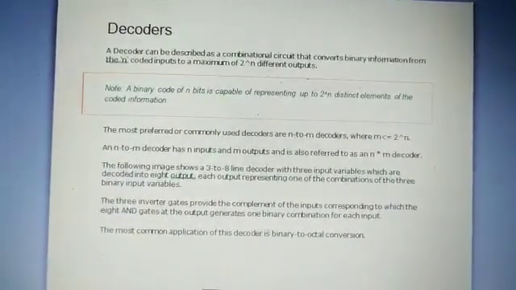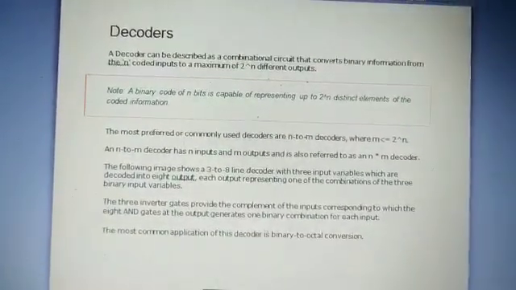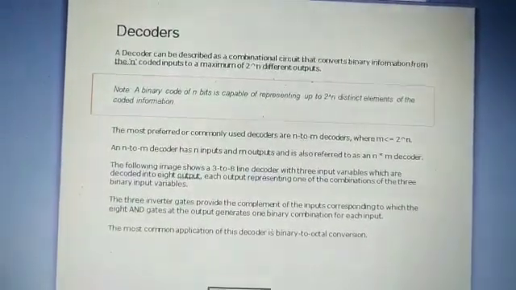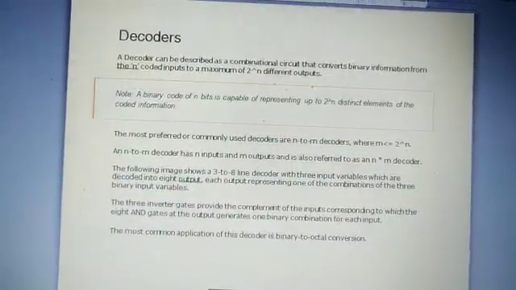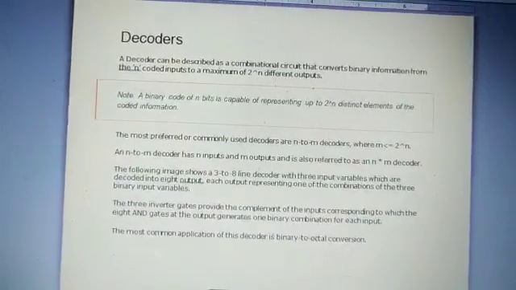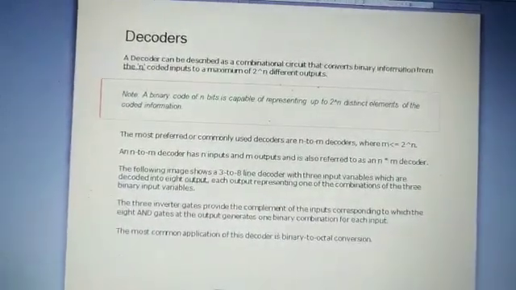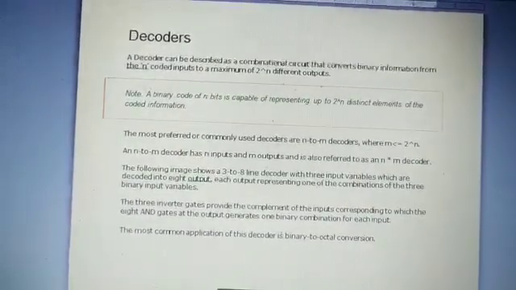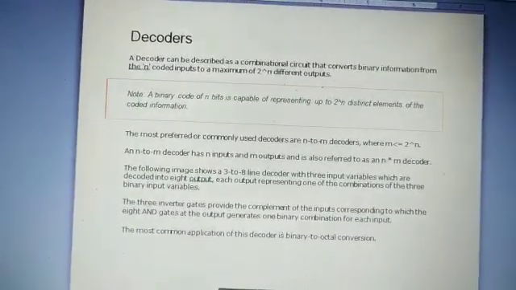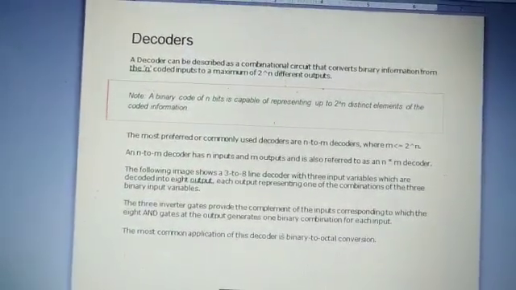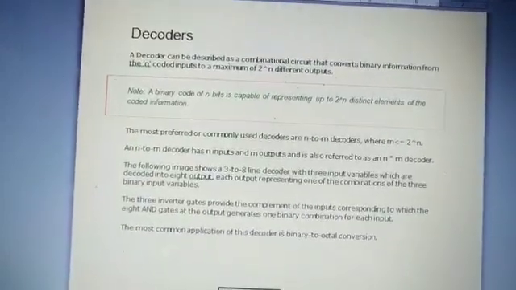So what is a decoder? A decoder is a logical circuit that converts an n-bit binary input into 2 to the power n output lines, such that each output line will be activated only for one of the possible combinations of the input.